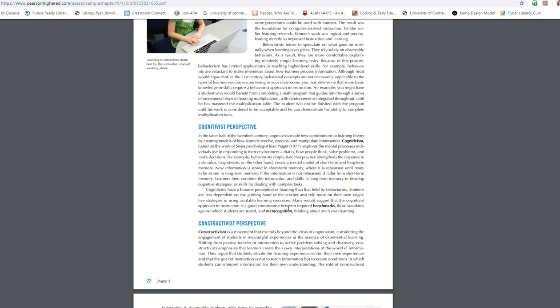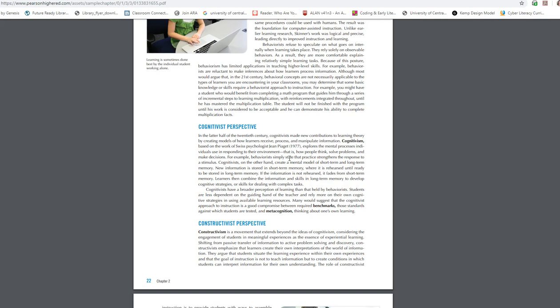So if a cognitivist encounters something, then whatever it is goes into their short-term memory, and the more they use whatever it is, then it may transfer over into the long-term memory. But if they don't really use it, then it fades to make room for more learning to happen.